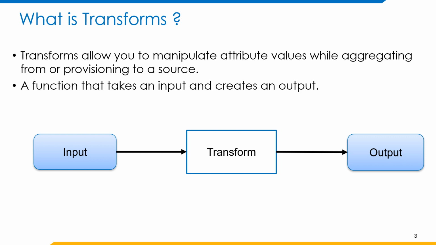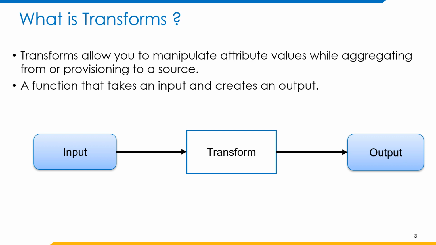For example, if we want to change the date format, the date in the source is in dd YY format and we require it in YY. This can be achieved using a simple transform. We will be showing a few examples in the coming slides.